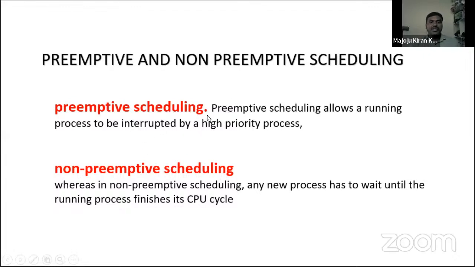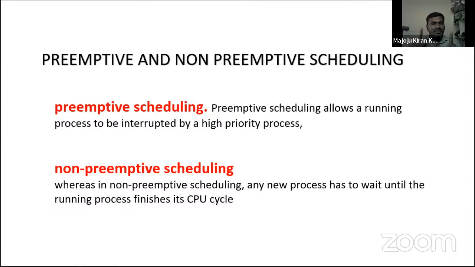What about preemptive scheduling? In the preemptive case, it allows a running process to be interrupted by a high priority process. For example, two processes are there, P1 and P2.